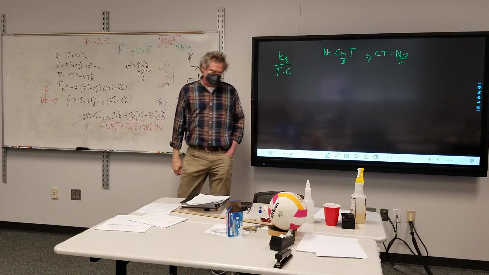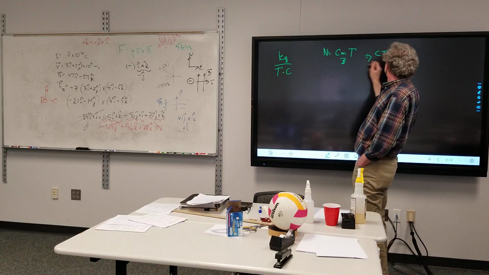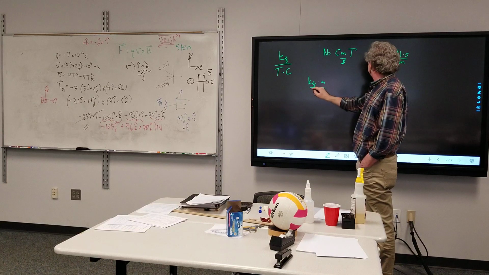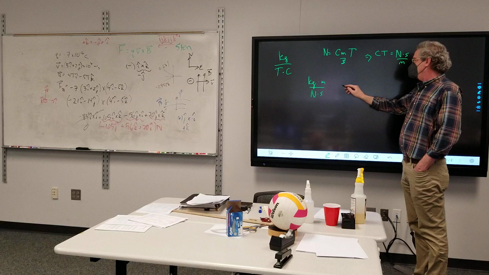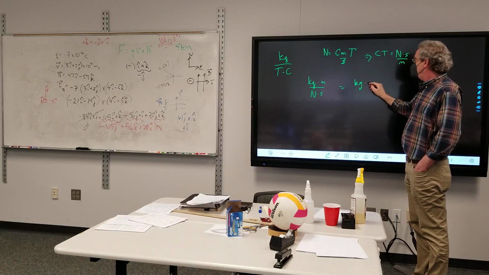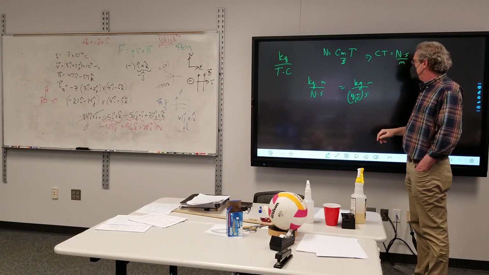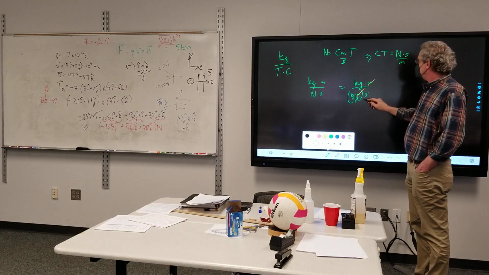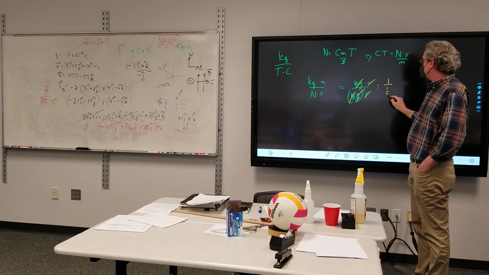Okay, that makes sense. So we now have kilograms divided by that. So I have kilogram meter per Newton second. Well, I know a Newton is a kilogram meter per second squared. And so then we've got some canceling to do. Meter cancels, second cancels one of those, kilogram cancels, and what we're left with is 1 over seconds, which is just seconds.